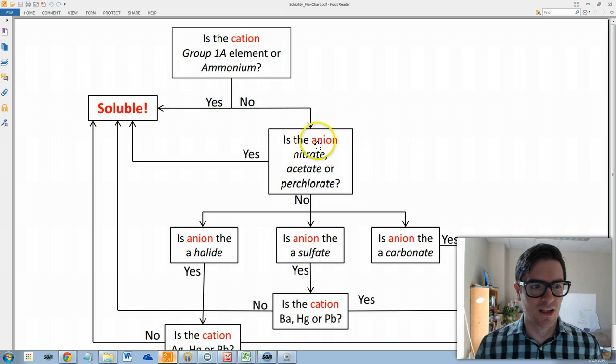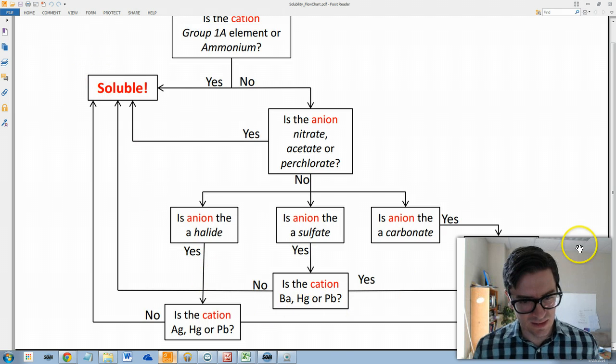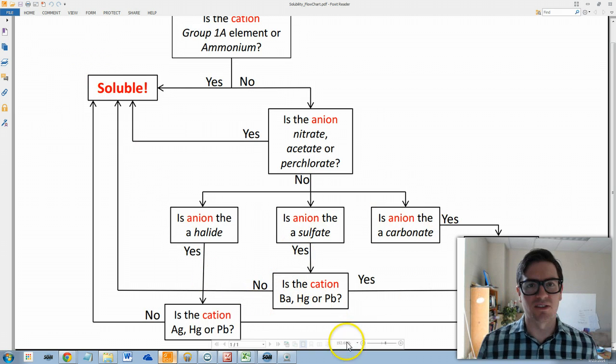Yes, then it's soluble. Is the anion nitrate, acetate, or perchlorate? Yes, then it's soluble. Is the anion carbonate? Yes, then it's insoluble. And then for these two, you have to worry about the exceptions. If it's a halide, then you have to ask whether the cation associated with it is silver, mercury, or lead. No, it's soluble. Yes, it's insoluble. But yes, I'll fix that.